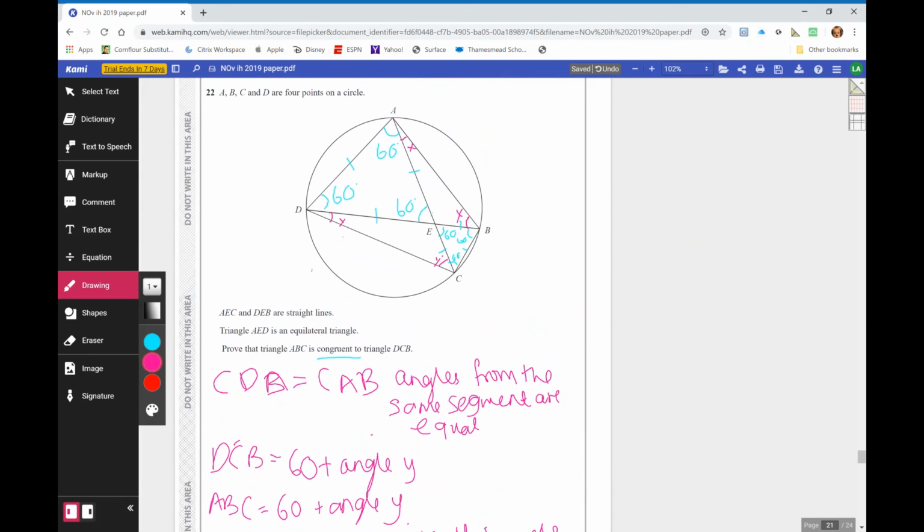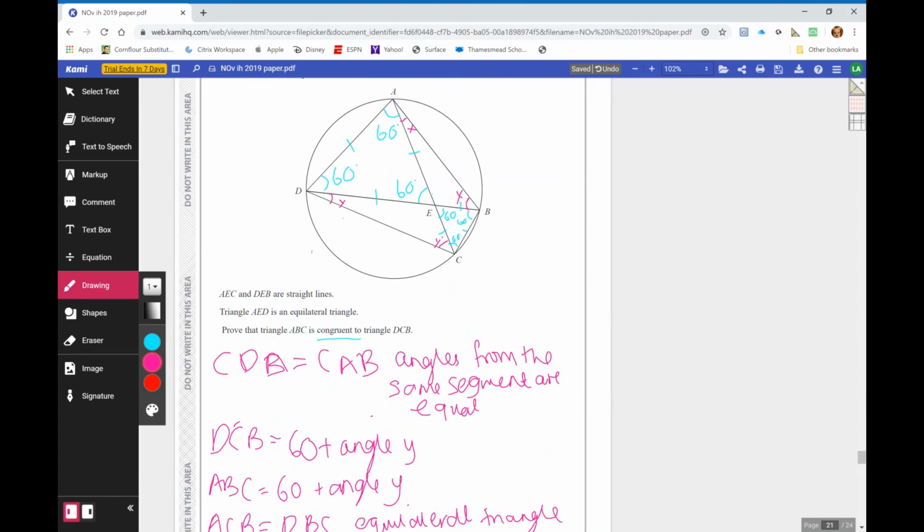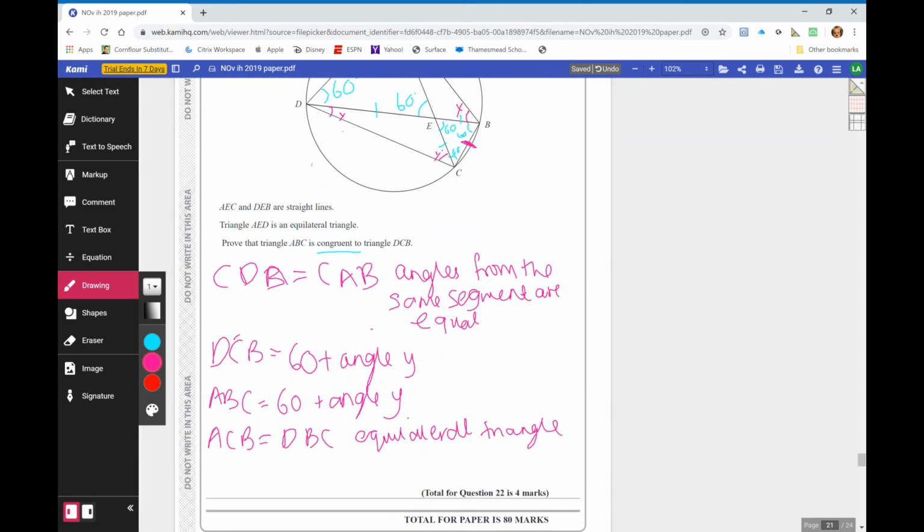Now we need to write something to prove a side, because otherwise you're just proving similarity. Now with this, if you think of the triangles, this line at the bottom here, this is what I would do is this line BC is a shared side.